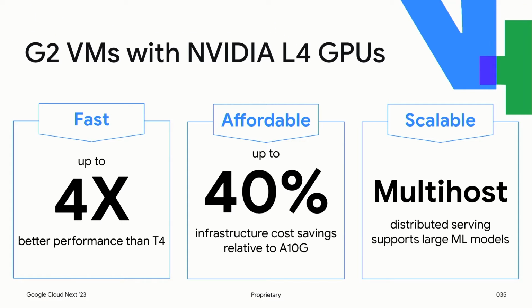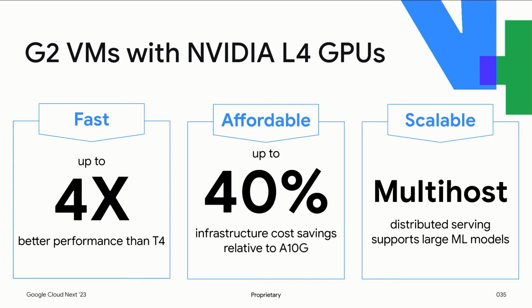By switching from the NVIDIA A10G GPU to G2 instances, organizations can lower their production infrastructure costs by up to 40%. Unlike the A10G or the T4, the L4 GPU includes FP8 support, which can drive even better price performance for serving workloads.